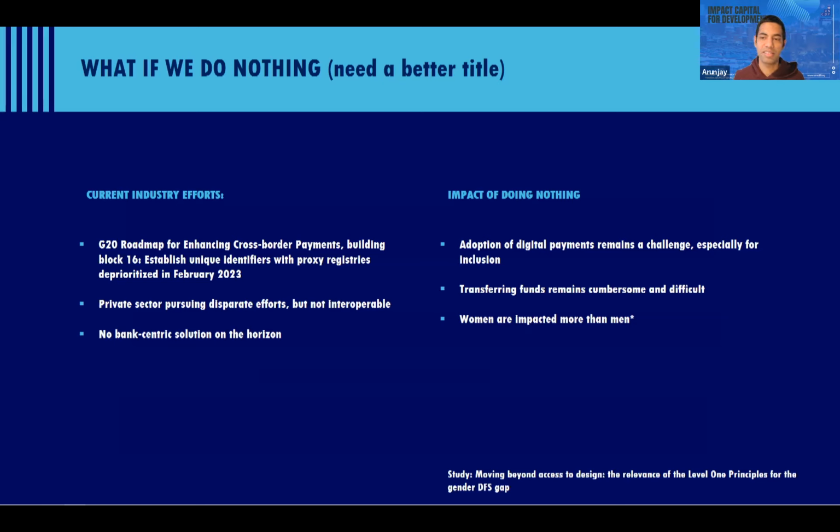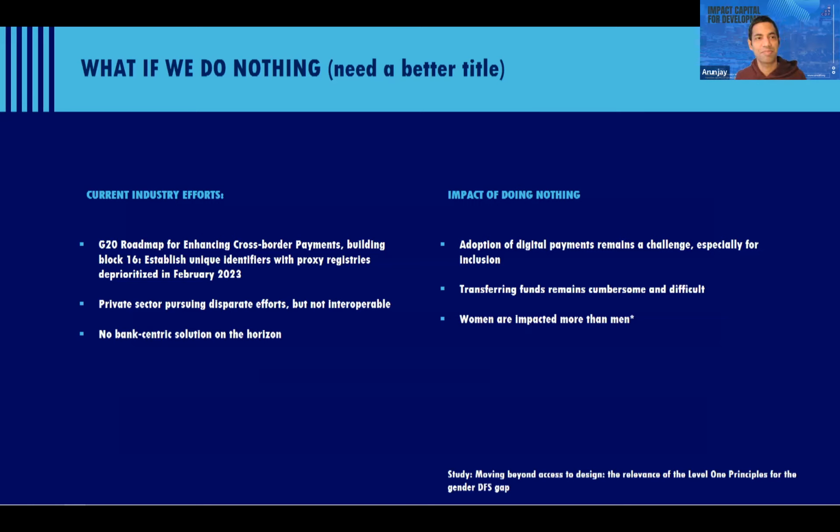Transferring funds remains cumbersome and difficult, as I explained in the example. And then we know that women are impacted more than men when it comes to digital transfers and digital payments, which require a workaround or are more cumbersome.